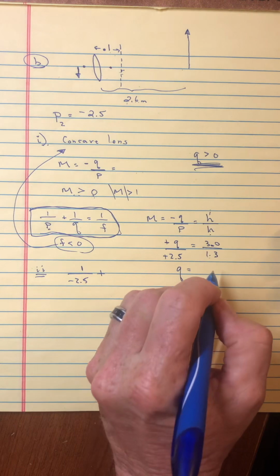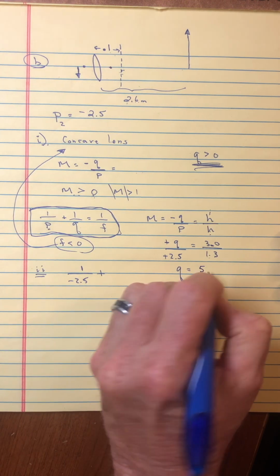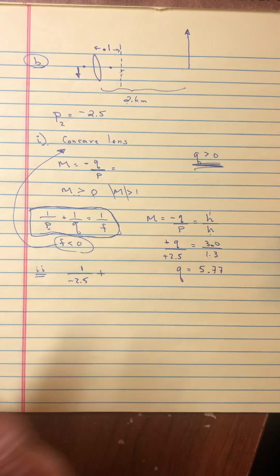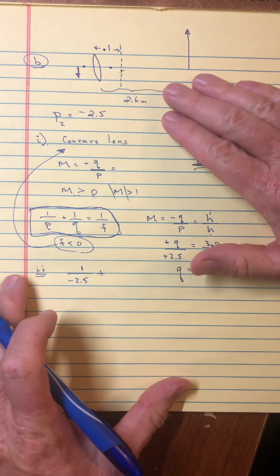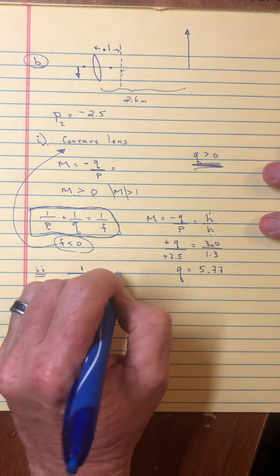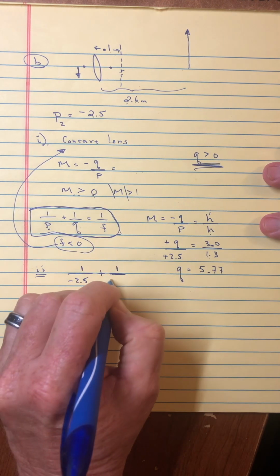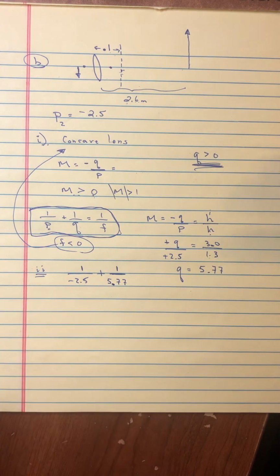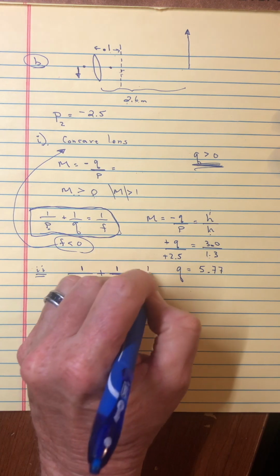And so here we're going to need a further distance to the screen. That totally makes sense because we're in this big lecture hall. We're going to want a bigger image, and we're going to want a bigger distance to the screen.